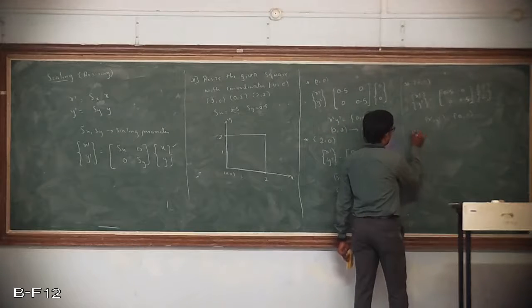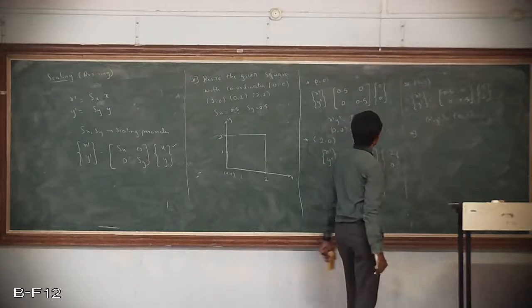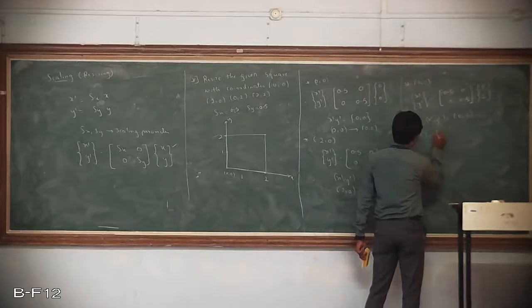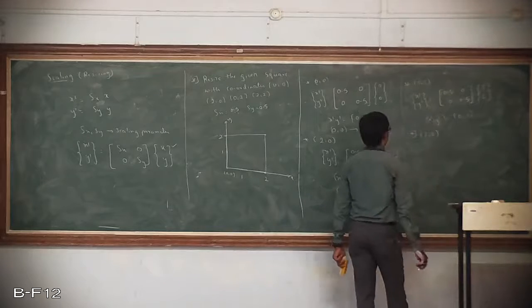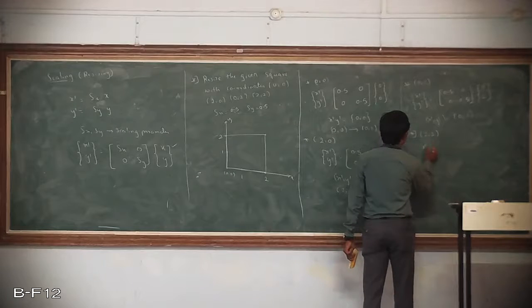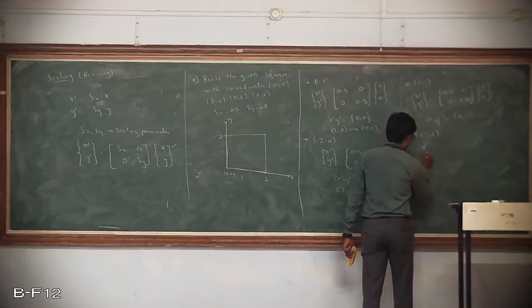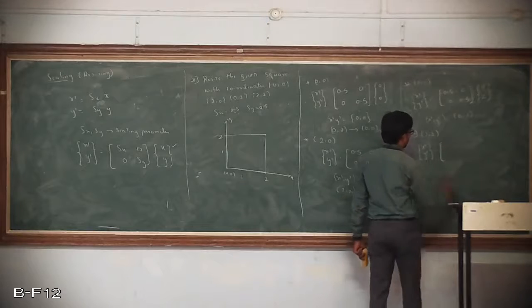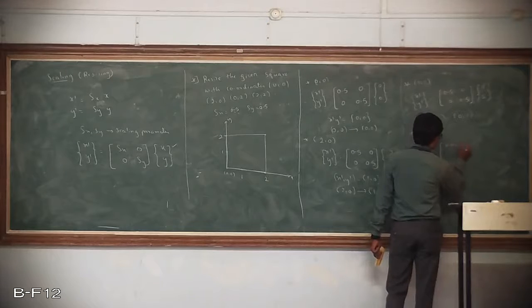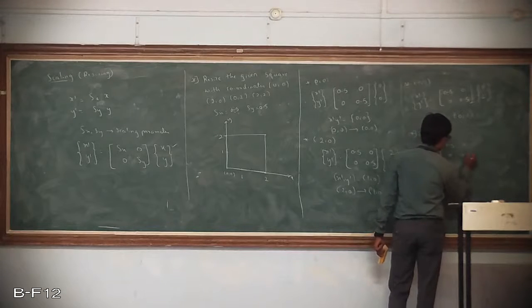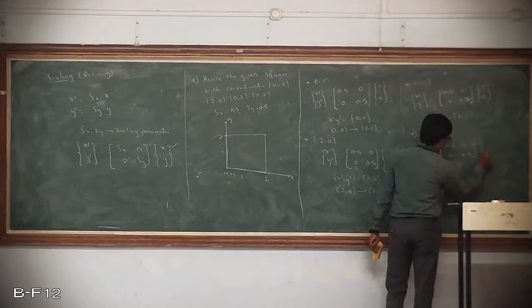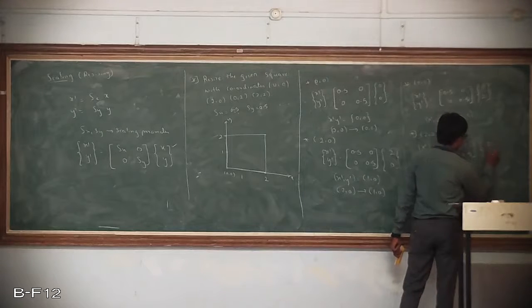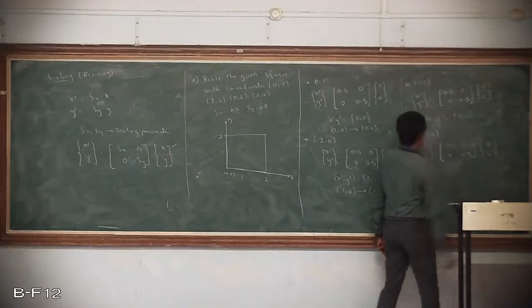Next comes the point 2 comma 2. The coordinate is 2 comma 2. So we'll calculate the next one, x dash y dash will be equal to 0.5, 0, 0, 0.5 into 2 and 2.